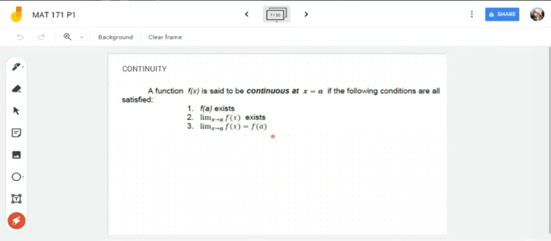And at the same time, the limit of f of x as x approaches a must be equal to f of a. So the value of this one and this one must be equal. Those are the three conditions so that you can say that your function is continuous.